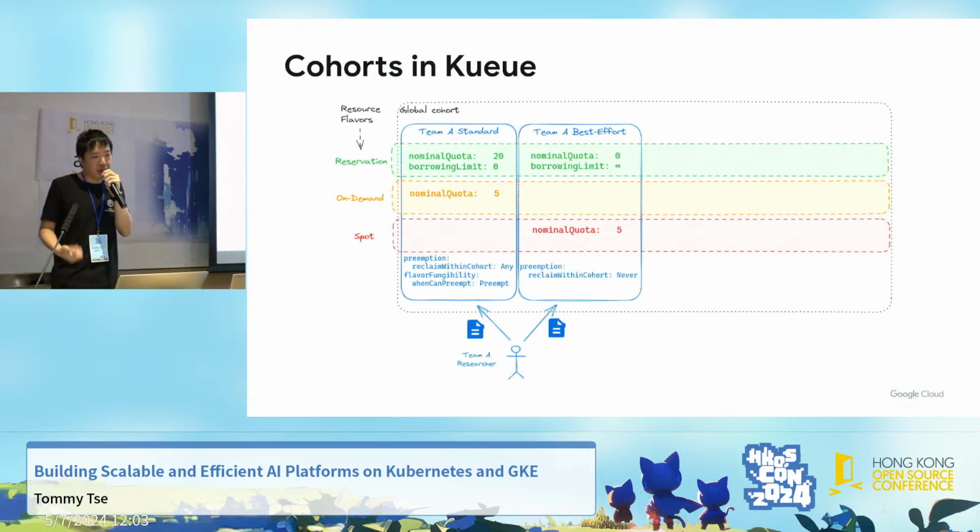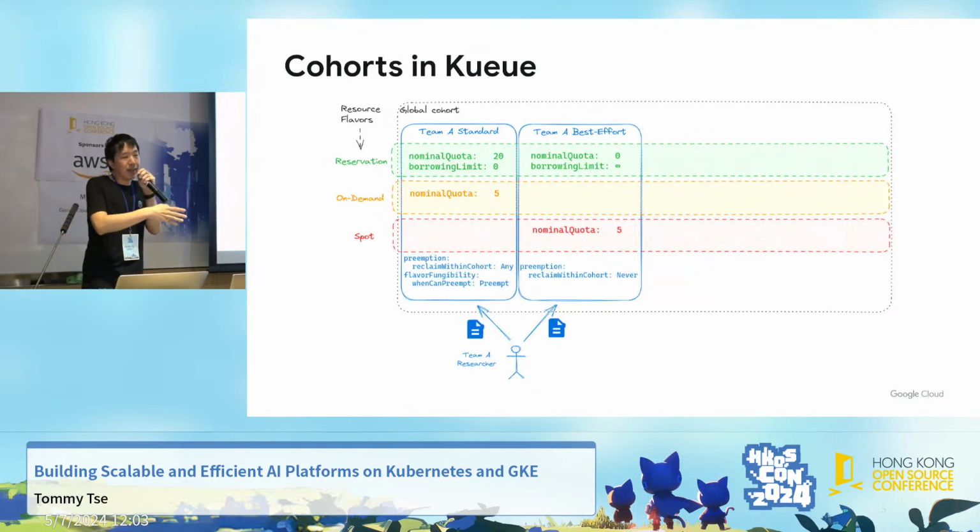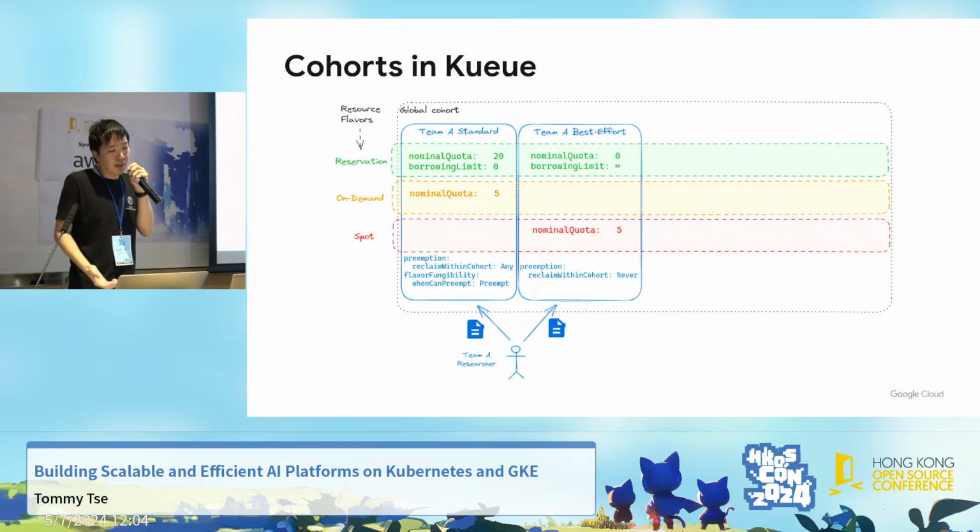And there's another concept called cohort in Kueue. So I said that each team can get a queue to run their jobs. In this example, team A gets a standard queue, so that compute capacity can be reserved in advance. And there's also a best effort or preemptible kind of queue. If team A wants to run a bit more, but without the reserved capacity, then the best effort queue can take care of that.